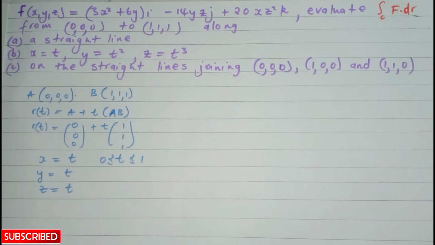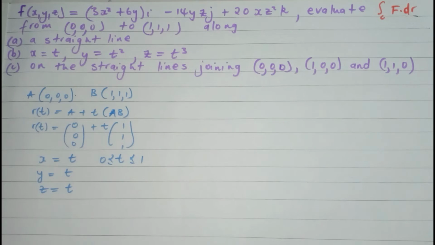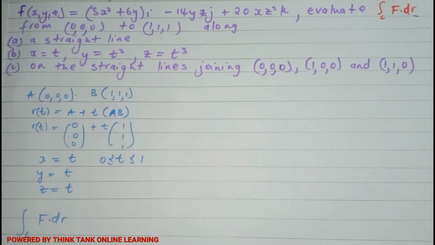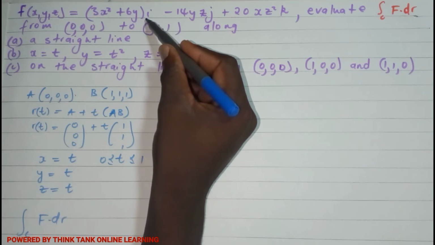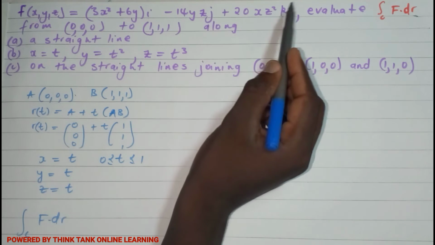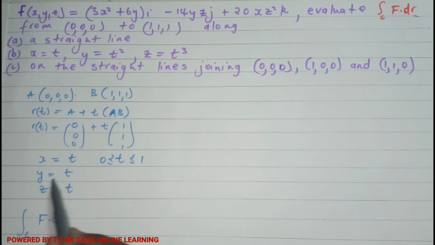Now, in order to perform this line integral, we have this vector field and we want the integral of F dot dr. Here i stands for dx, j stands for dy, and k is for dz, so we can find them using these equations.